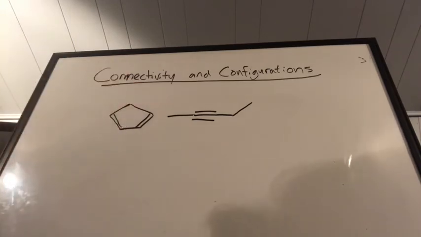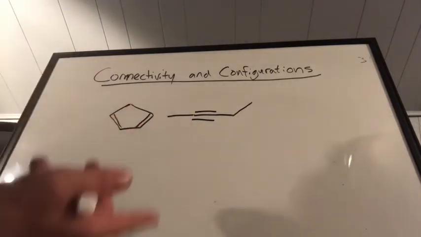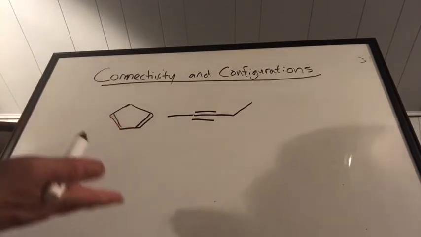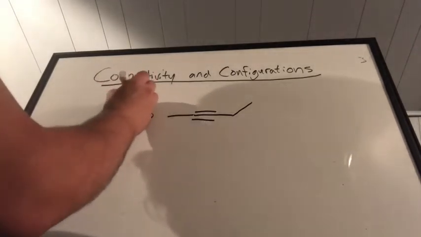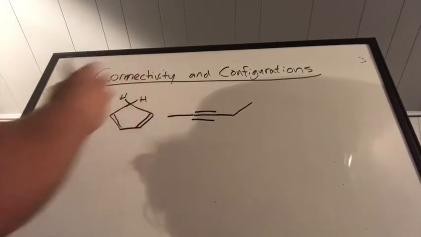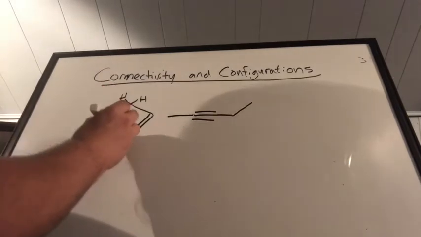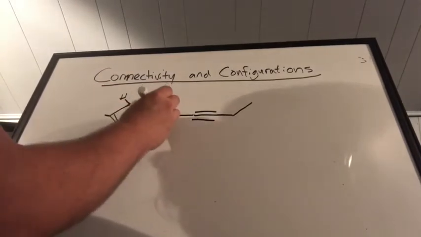These are different molecules entirely in terms of how they look. But are they constitutional isomers? When I say constitutional, I mean, do they have the same molecular formula? Well, let's see. The previous exercise that I had for you, where you counted all the sigma and pi bonds, is somewhat related.